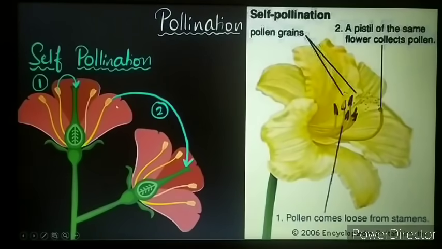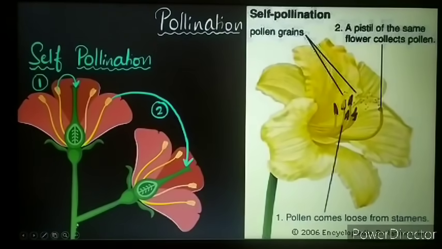That this anther, which is composed of pollen grains, is transferring the pollen grains to the stigma of another flower but of the same plant. As you can see, from the same stem these two flowers have grown.